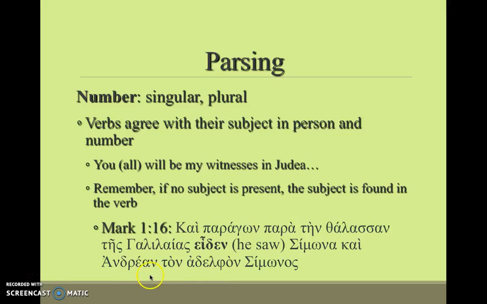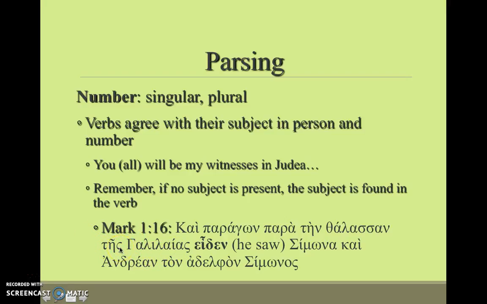If the subject is not present, remember, the subject can be found in the verb. Here's an example, Mark 1:16. Kai paragon para tan thalassan. And going alongside of the sea, tes Galilaias, of Galilee. This is a genitive.